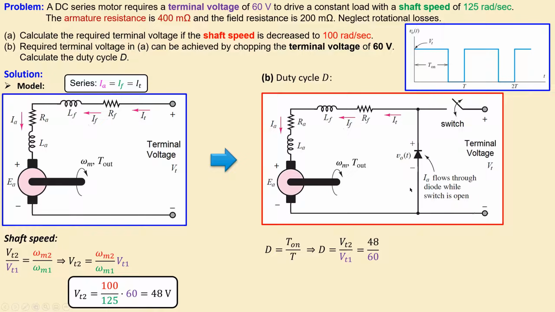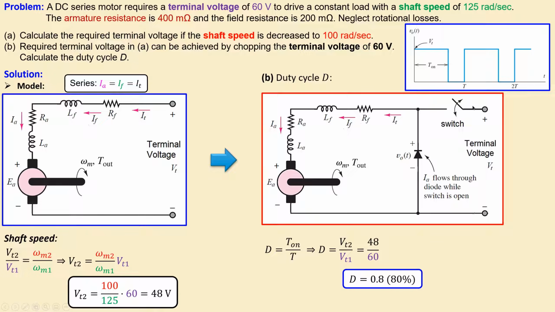So this is the terminal voltage we require on average. This is what we apply. So due to the switching, that will of course be lower than this. So the average voltage across this diode or across this series motor will be lower. And calculating this value gives 0.8. So it's an 80% duty cycle.